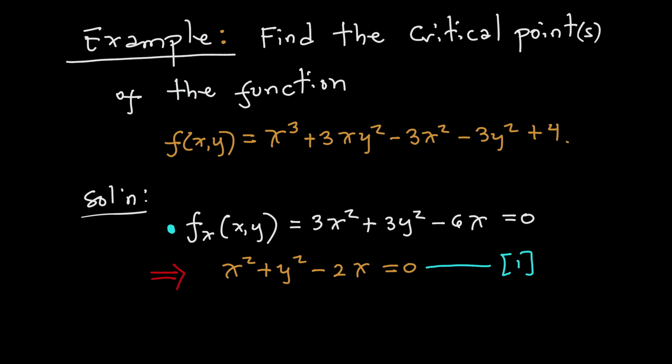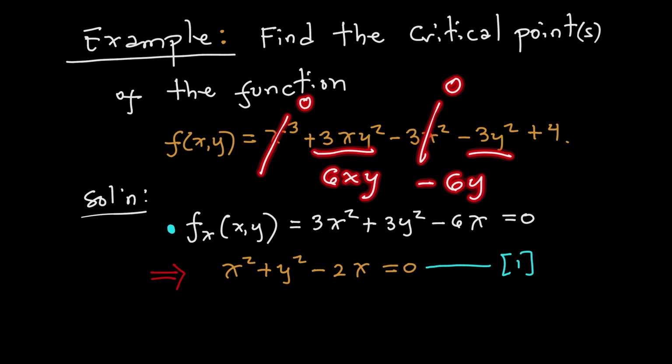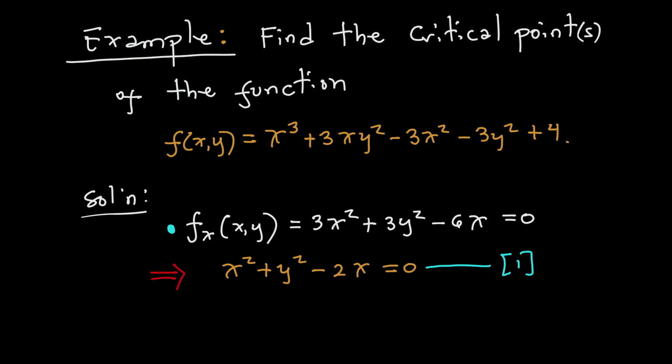And if we do the same thing for the partial of f with respect to y, we have 0 for 3x squared, 6xy, and negative 6y, and hence we have this value.